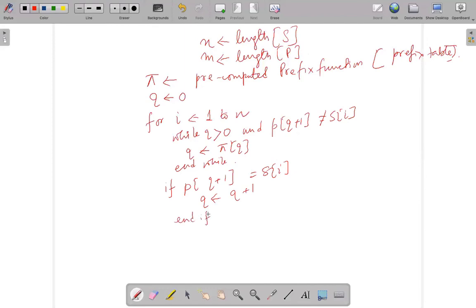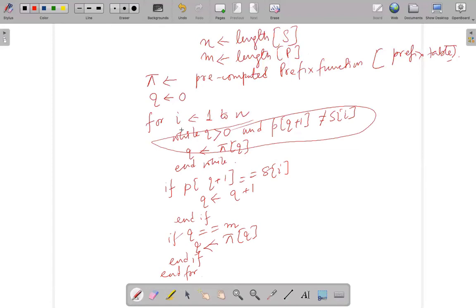And if Q has become equal to M, then you set Q to pi[Q], and end for. That's all. So here again, this is your step which will enable you to backtrack, like the way we did the prefix function computation.